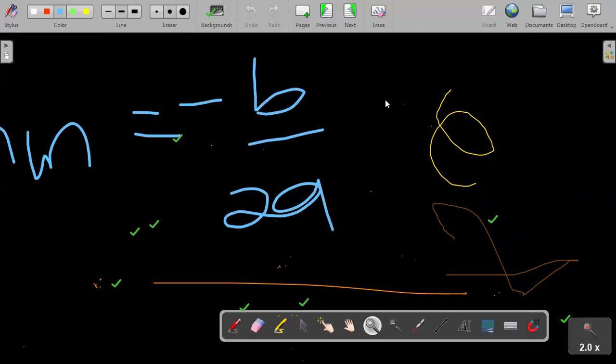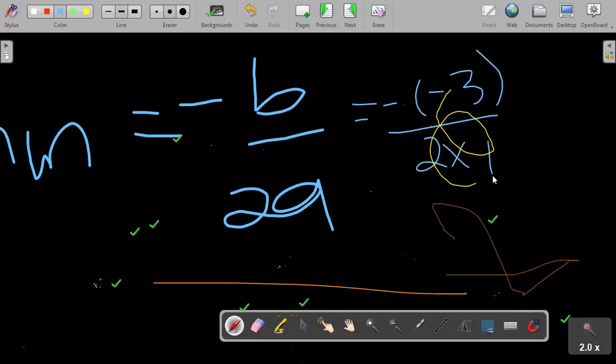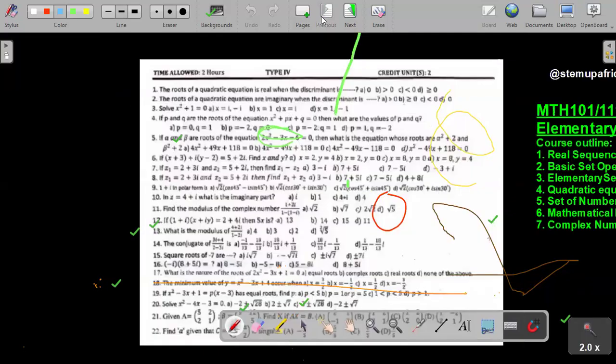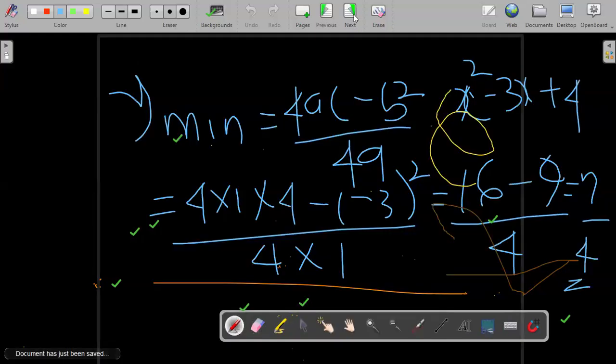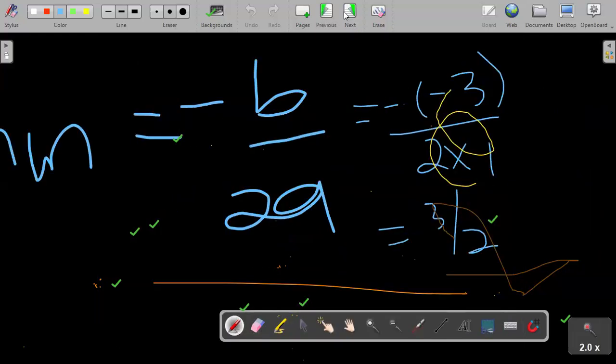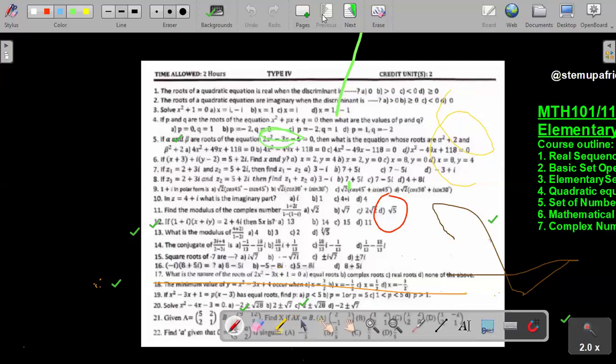I'm having minus into minus 3 over 2 times 1, which is now minus 3 over 2. So our x minimum is minus 3 over 2. And that happens to be, let me see, it's 3 over 2, not minus. And that happens to be option A, 3 over 2.